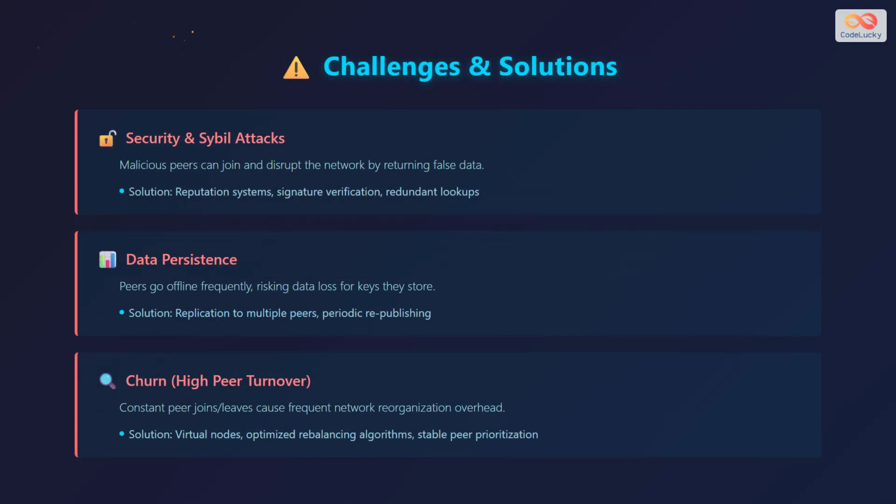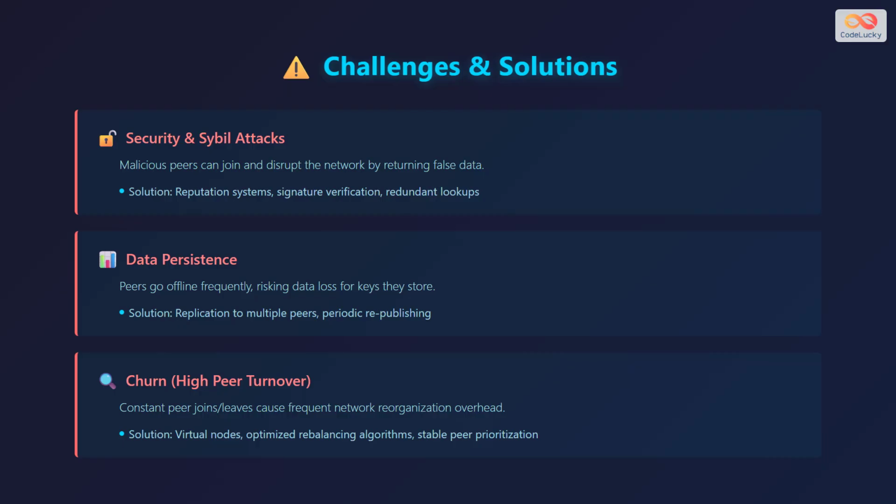DHTs face real-world challenges. First, security and Sybil attacks. Malicious peers can join the network and return false data. Solutions include reputation systems, verifying signatures on data, and performing redundant lookups to ensure correctness. Second, data persistence. Peers go offline frequently, risking data loss for keys they store.